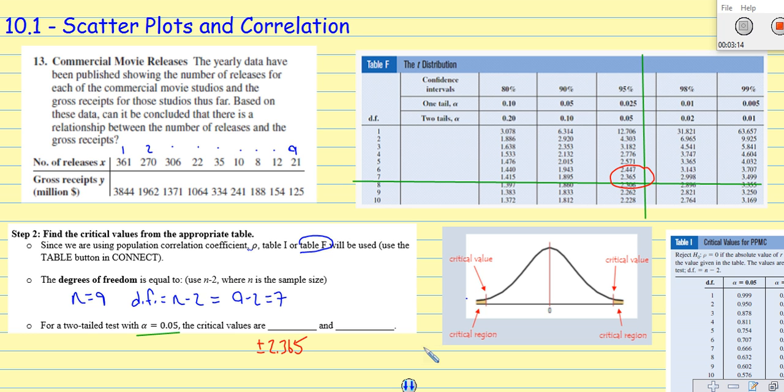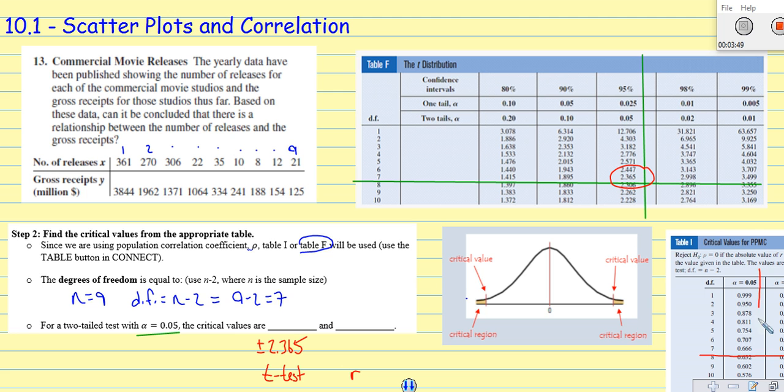Now, what I want you to understand is that at this point we could also have used table I. Table I is basically a table that's been created algorithmically, so that you can just go right from your correlation coefficient and compare it against this number. Whereas this 2.365 we're going to compare with what we do with the t-test, here we'll just compare it with our R. So we'll do the same process. We have degrees of freedom of 7.